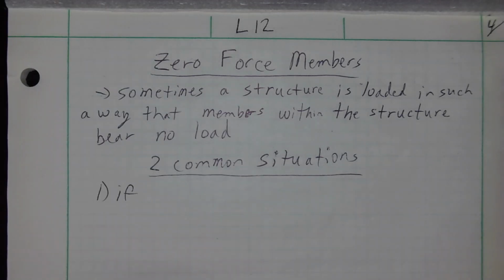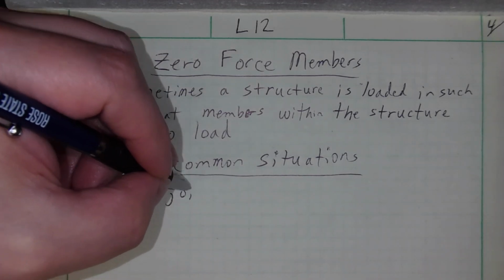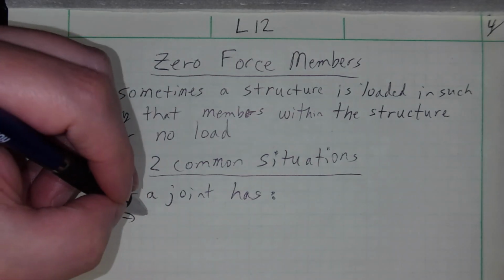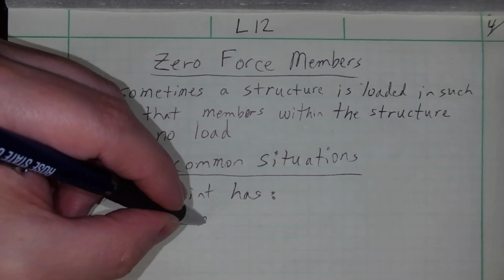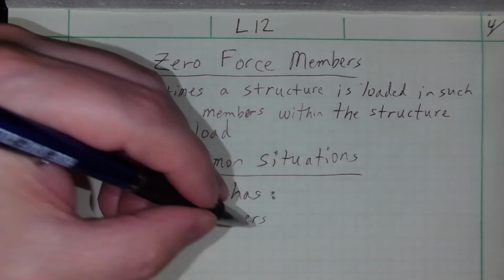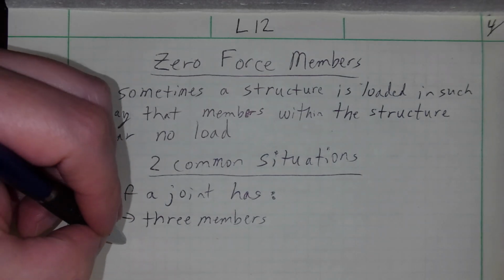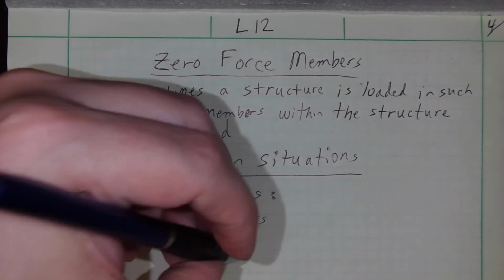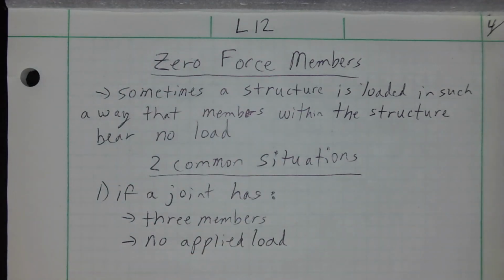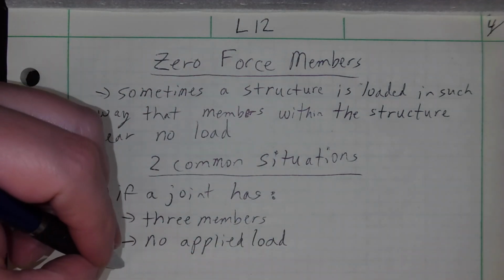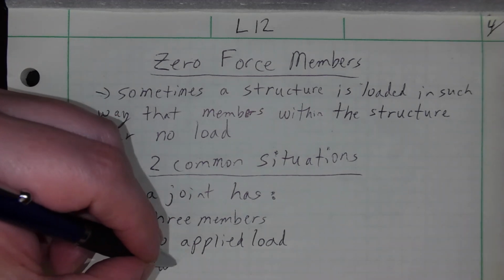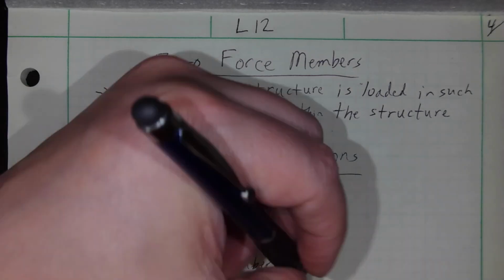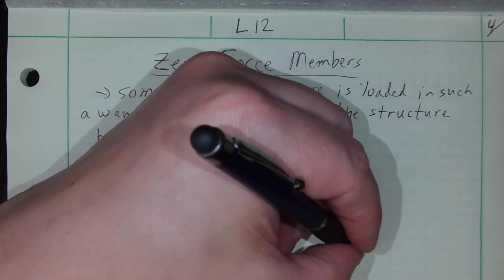The first one is if a joint has 3 members, and it has no applied load, and 2 of the 3 members are collinear.